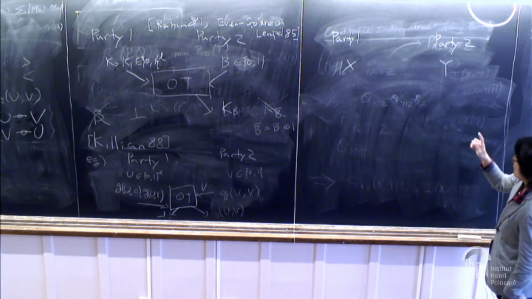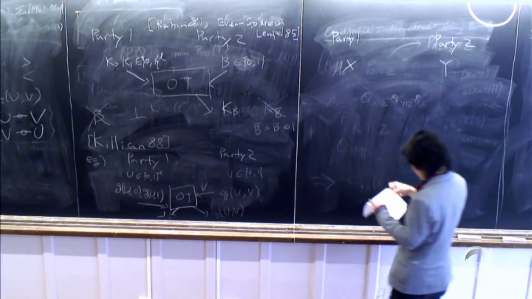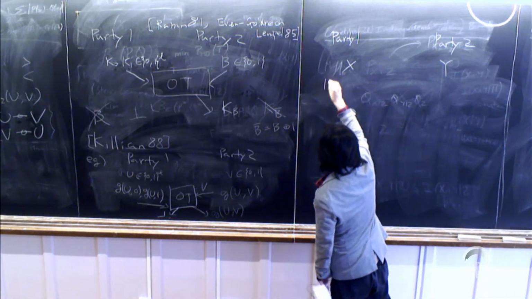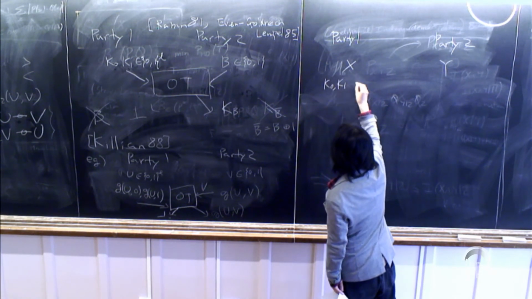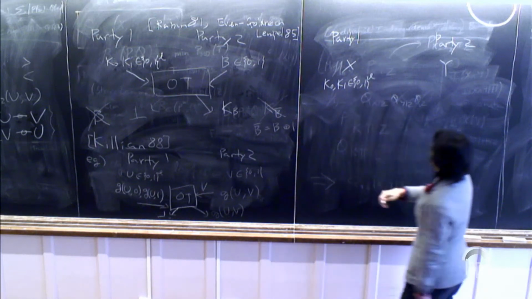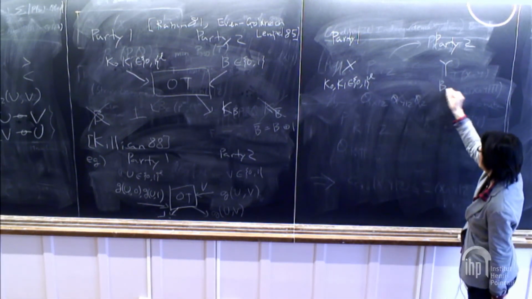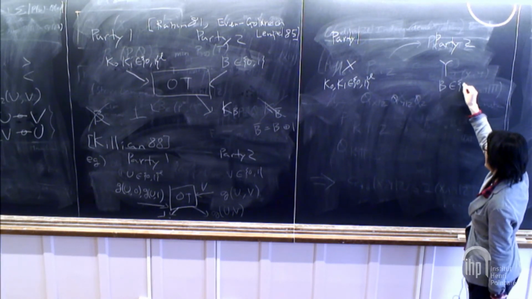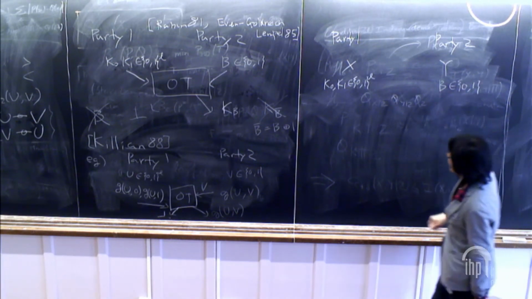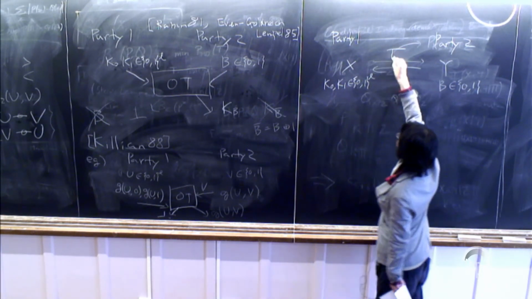So the parties observe correlated sources X and Y, and party 1 also observes an L-bit binary sequence K0, K1, and party 2 observes one binary bit B, and they communicate.